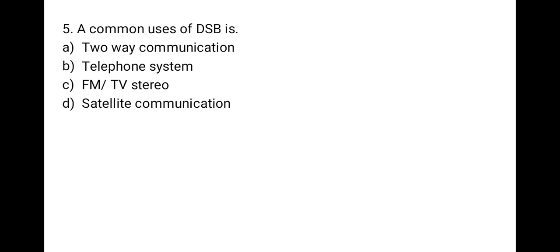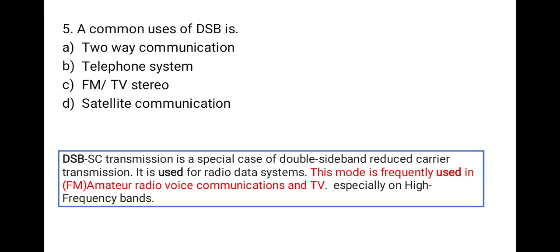The next question, a common use of double sideband is: first, two-way communication, second, telephone system, third, FM, TV stereo, and last one is satellite communication. We know that double sideband suppressed carrier transmission is a special case of double sideband reduced carrier transmission.